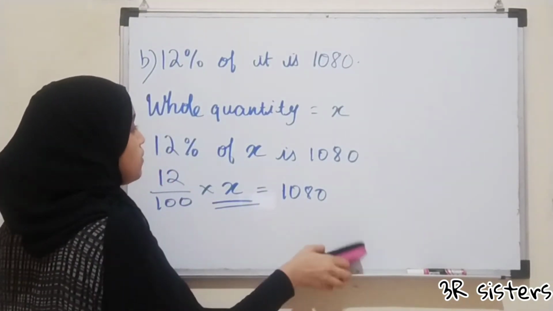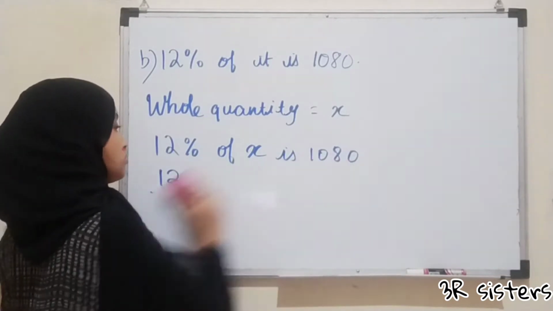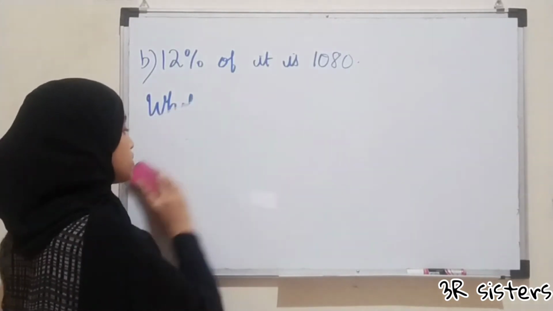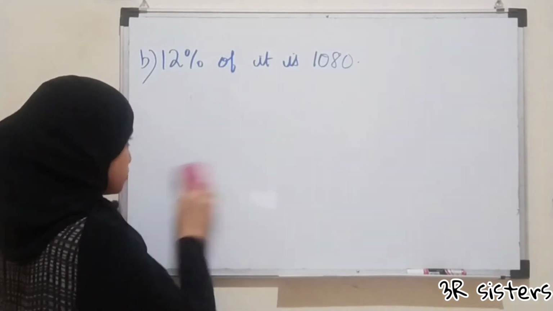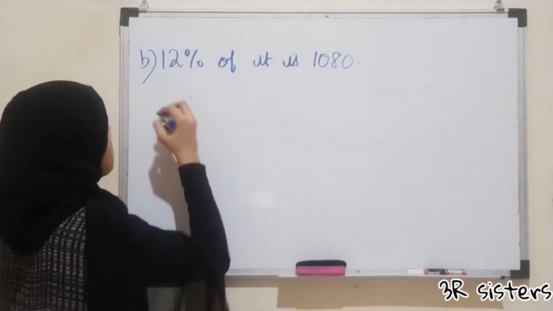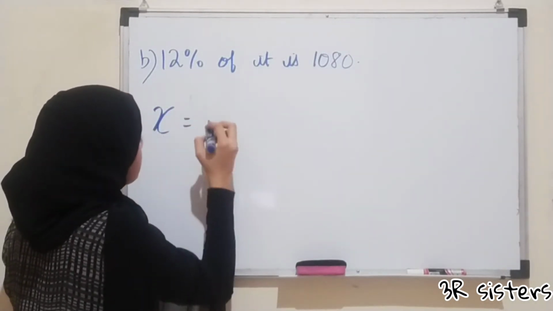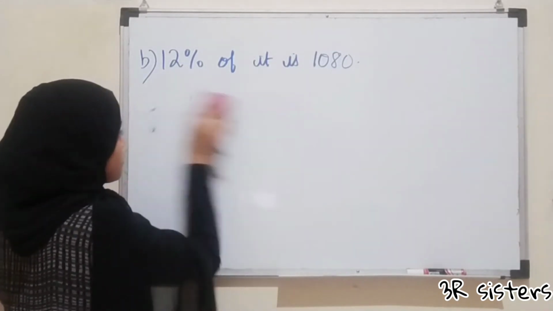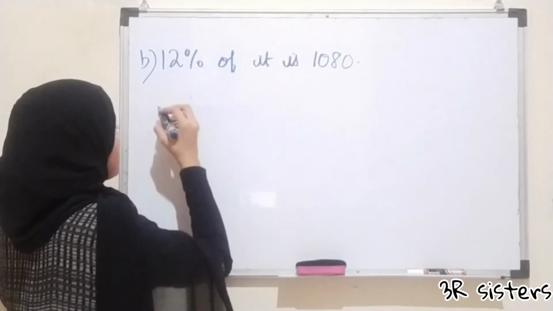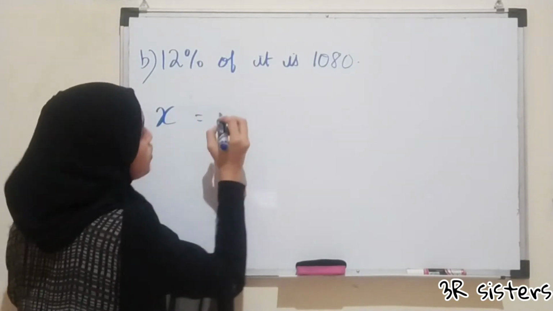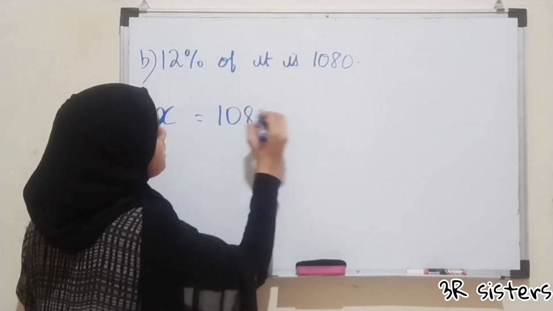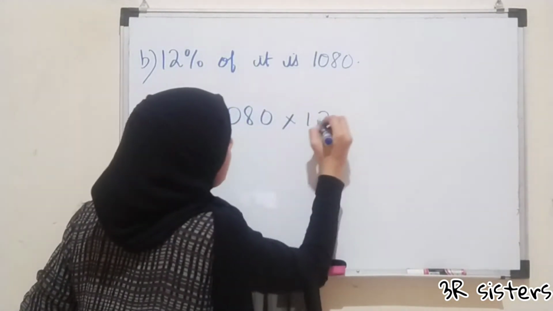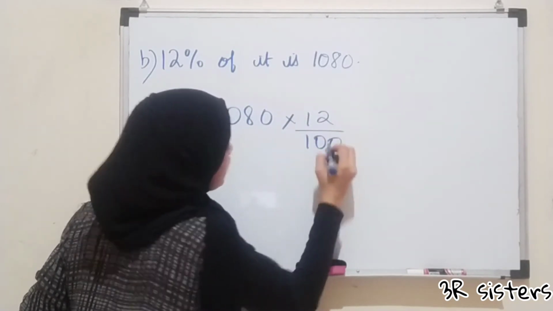So how will we find it? First we write x is equal to 1080 into 12 by 100.